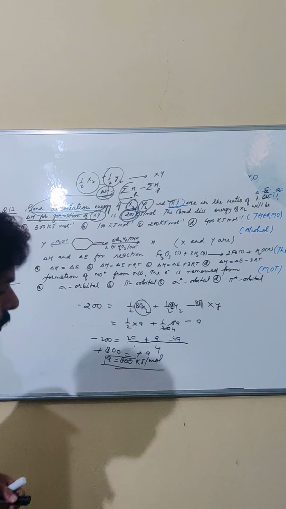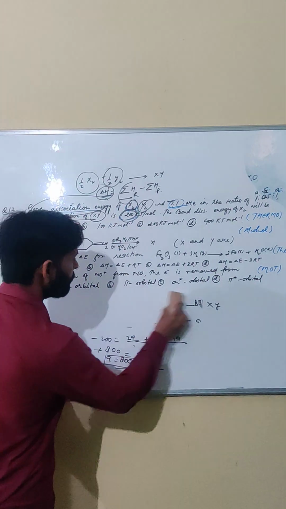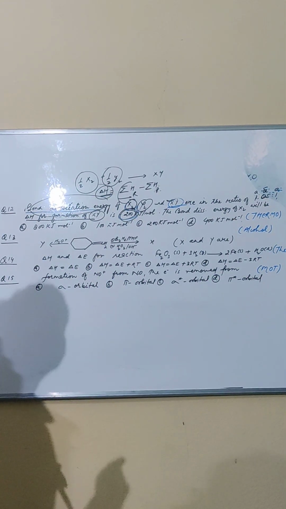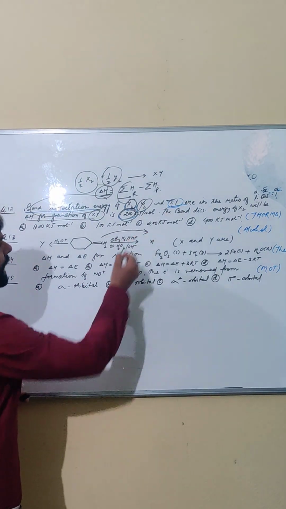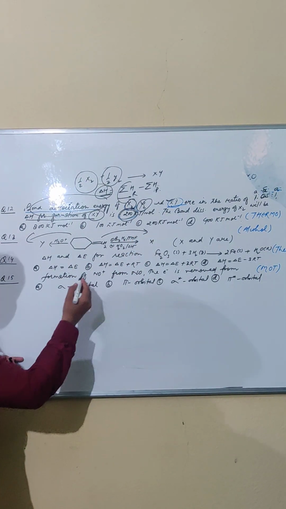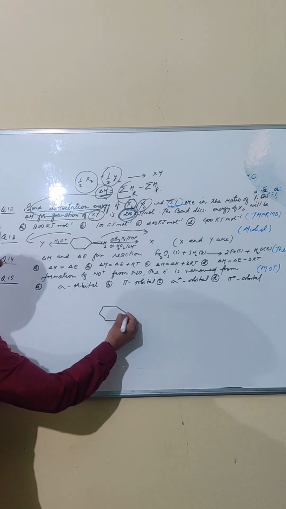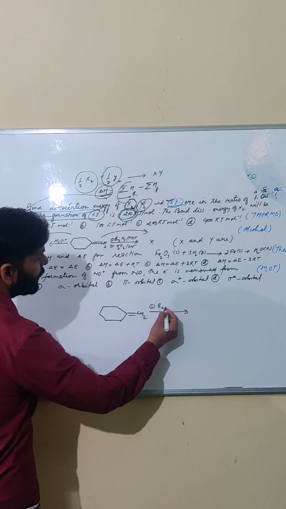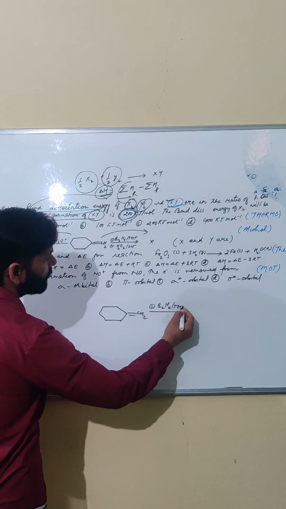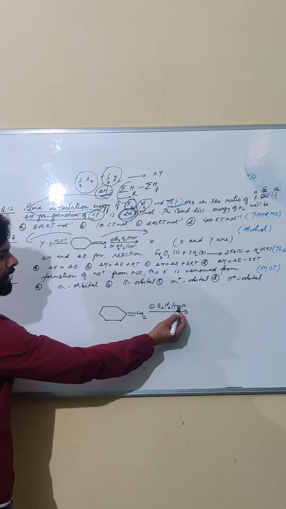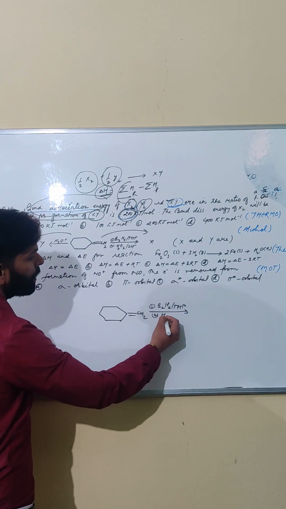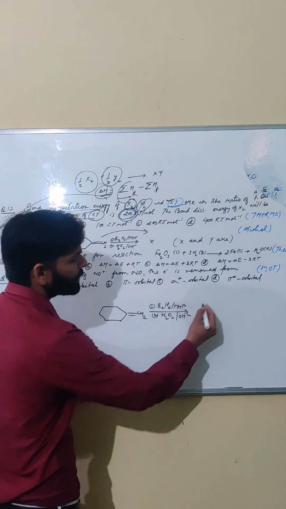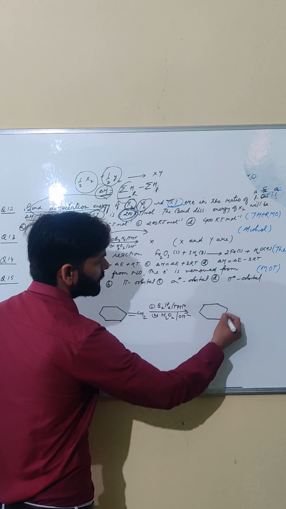Moving to the 13th question. This question has two types of reaction. One is hydroboration and here it is hydration. Whenever we have an alkene and the reaction is hydroboration, with B2H6 diborane in THF, tetrahydrofuran, and then oxidized with H2O2 in basic medium, it gives the less substituted alcohol, or lower degree alcohol.